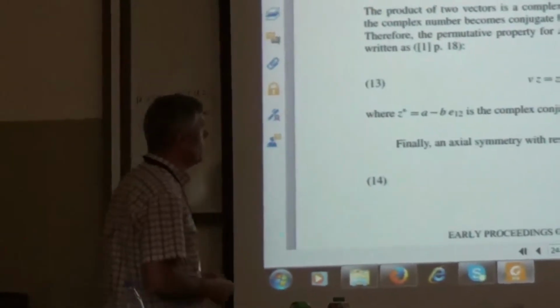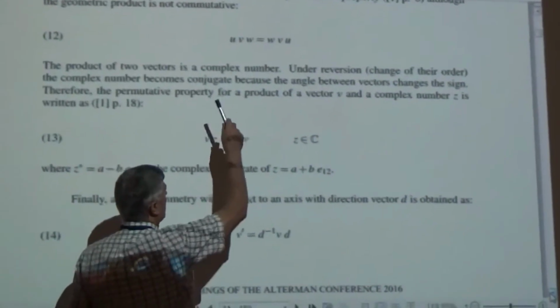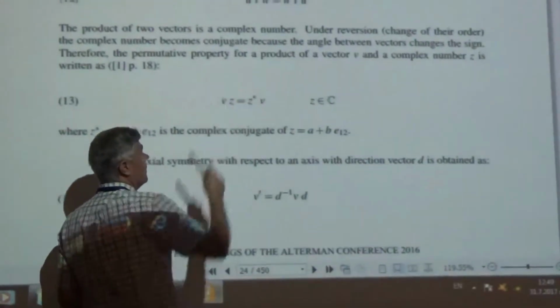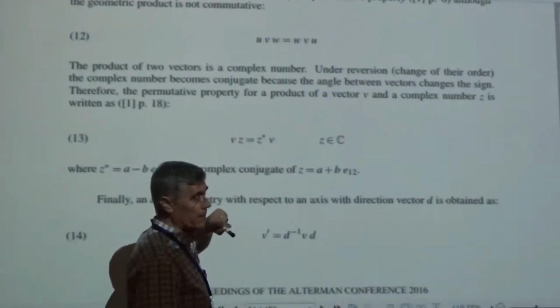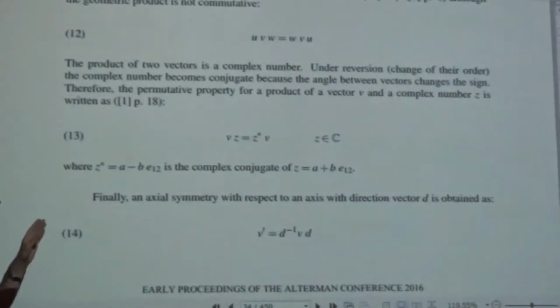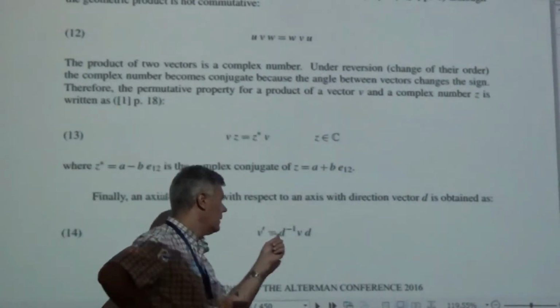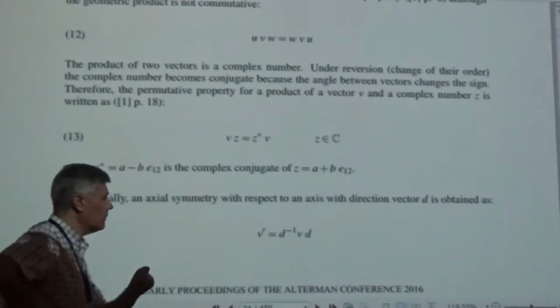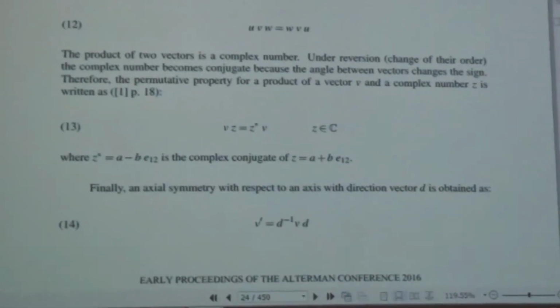This property with one vector and a complex number means the real order of those two vectors, that means the conjugation of the numbers. The axial symmetry can always be written in this way, but now B is the direction vector of the axial symmetry.